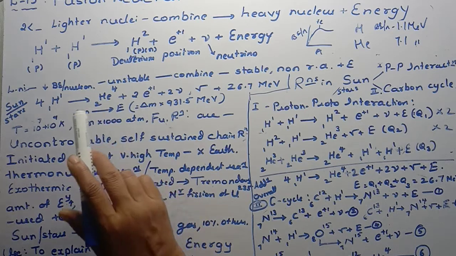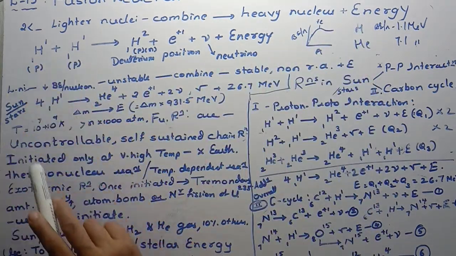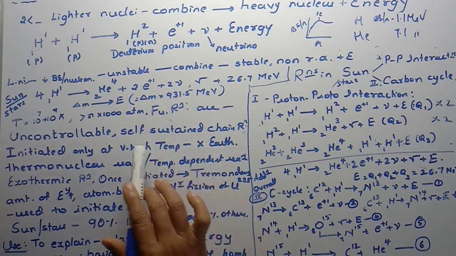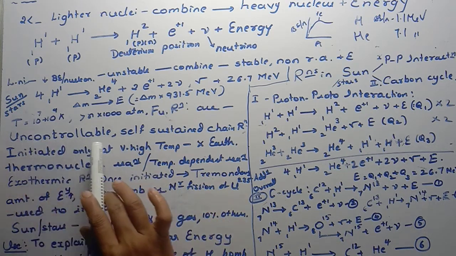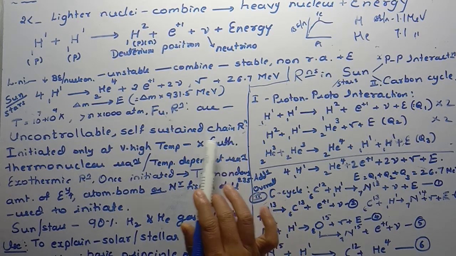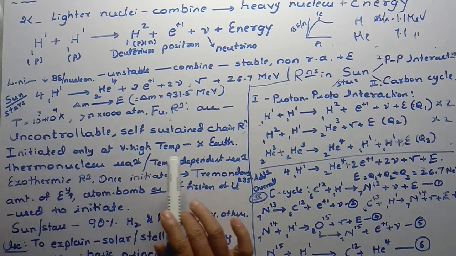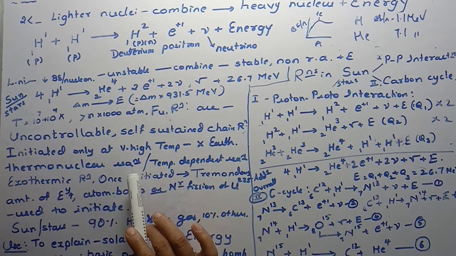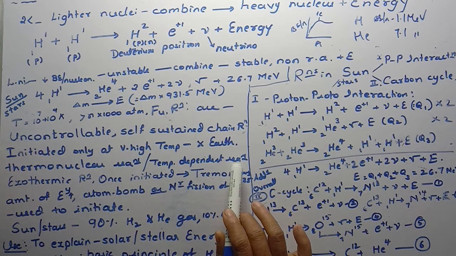But to initiate the reaction we need very high temperature. So such reactions, once initiated, are uncontrollable and are said to be self-sustained chain reactions. Due to very high temperature and pressure, they are said to be thermonuclear reactions or temperature dependent reactions.